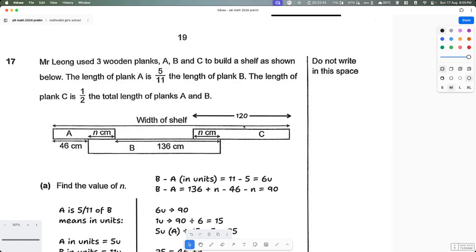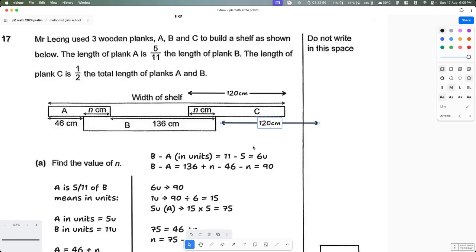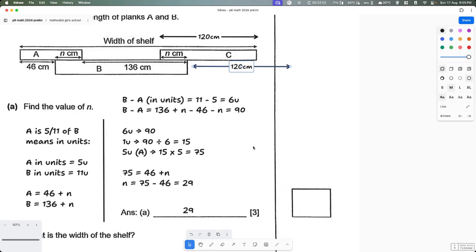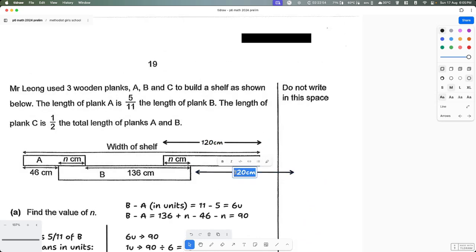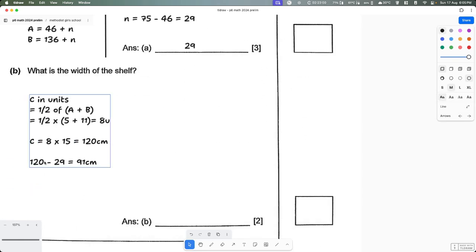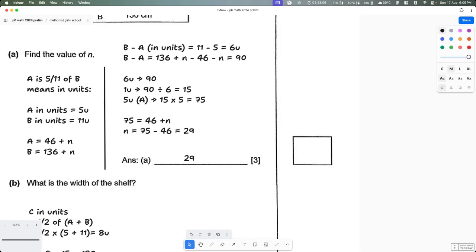So this is 120 centimeters, and this is 91. So 91 centimeters. C minus N is equal to this.